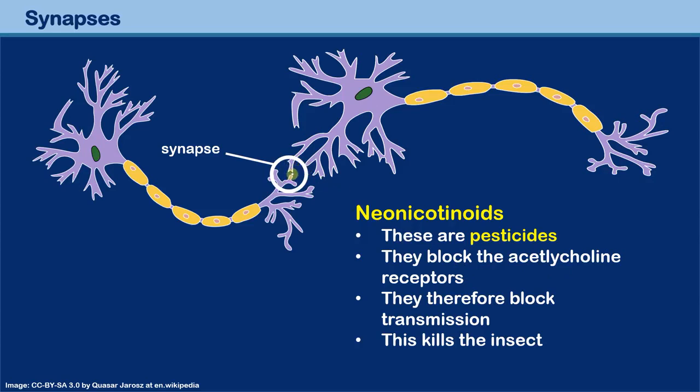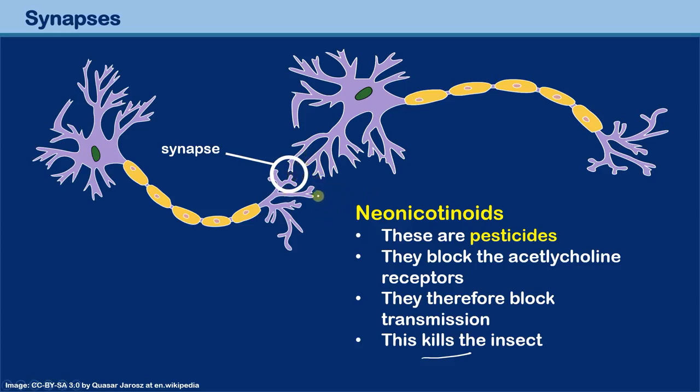This means that even though acetylcholine is released, a new nerve signal cannot be generated. So it blocks the transmission of nerve signals in the insect, and therefore it kills the insect.